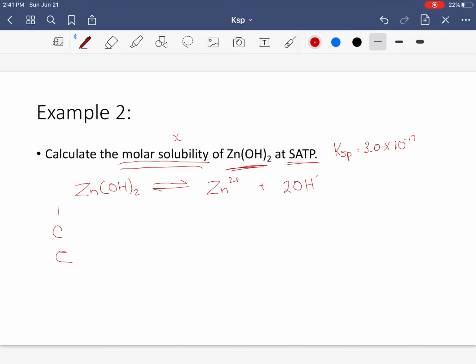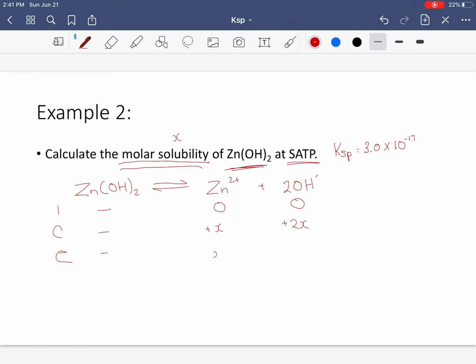And let's do a nice table. We know that this is negligible. Let's say we start this at 0, and we're making more and more of these.